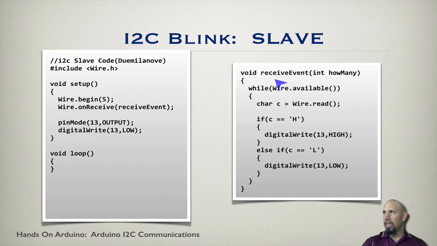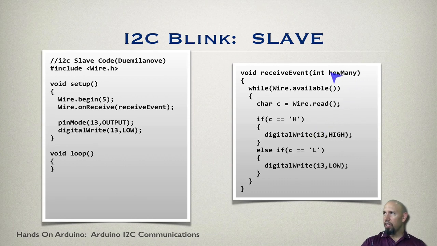Here's the interrupt service routine, and notice it has the input argument how many. That is how many characters or symbols are coming across. When you send a serial string of things from the master, it's going to buffer the data.